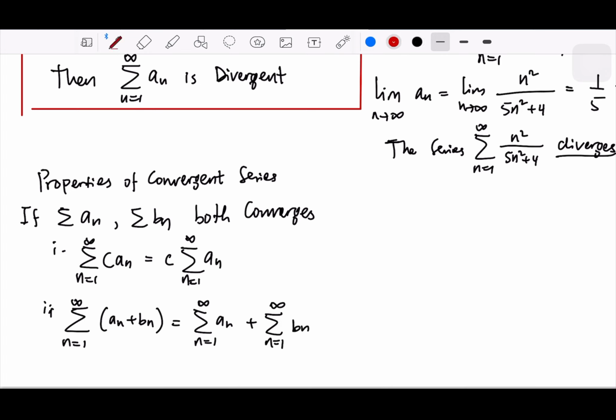If we add and subtract, we can also apply the property. So this also converges.